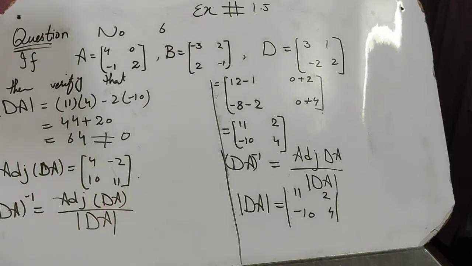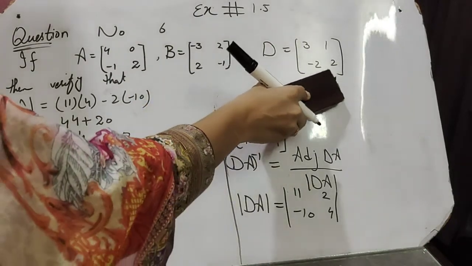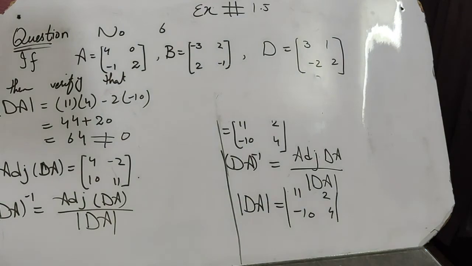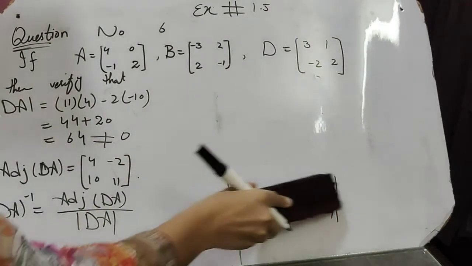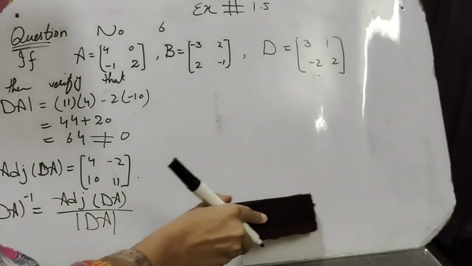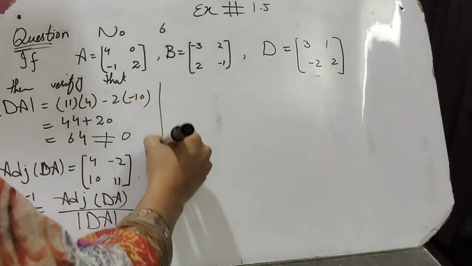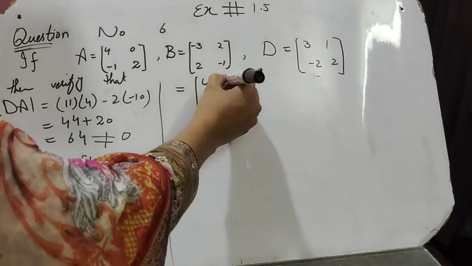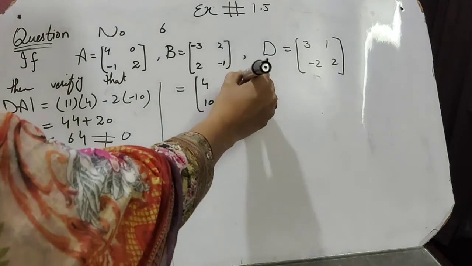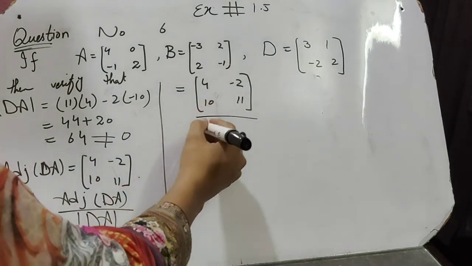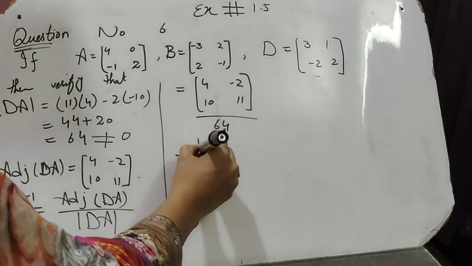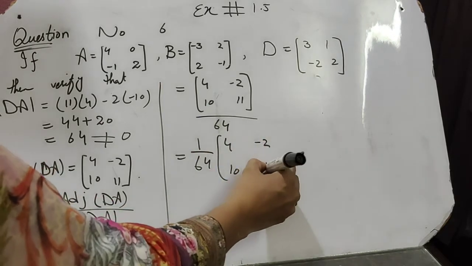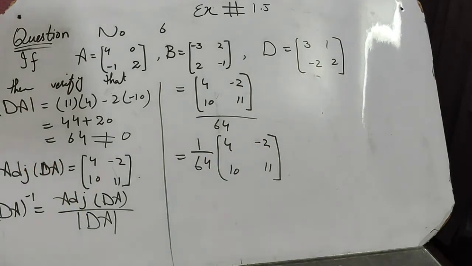We get the adjoint of DA is equal to [4, -2; 10, 11], and determinant of DA is equal to 64. So it will be equal to 1 by 64 into [4, -2; 10, 11]. This is the answer of the left hand side.